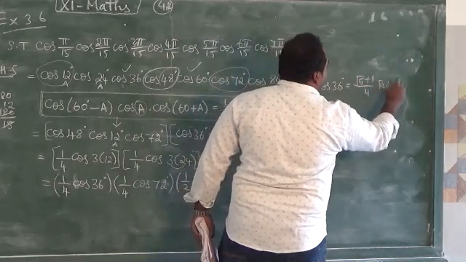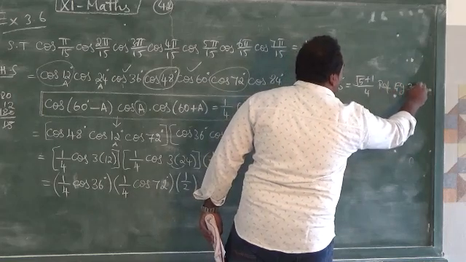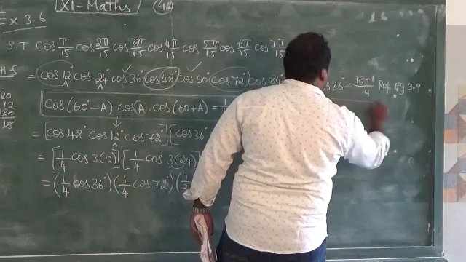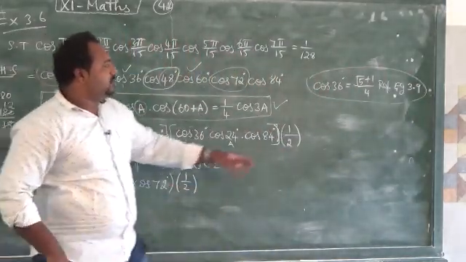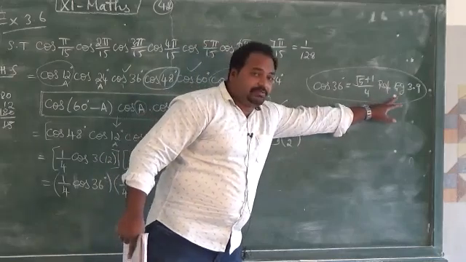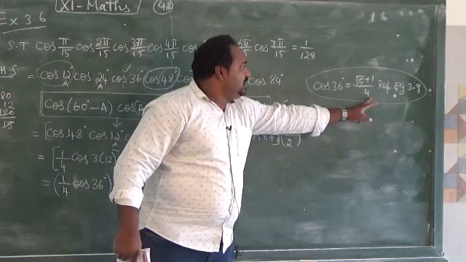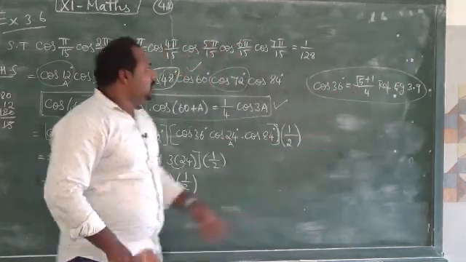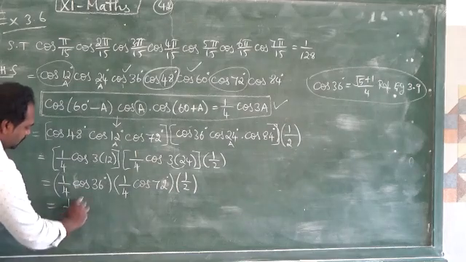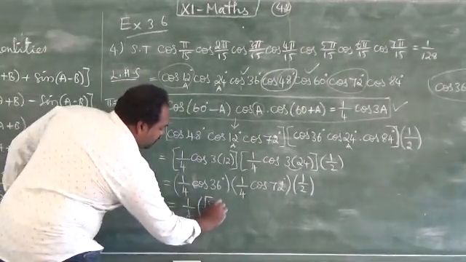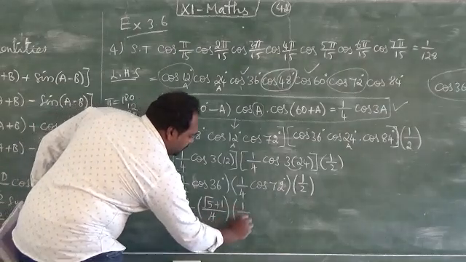Refer to example 3.9, the value which is found out from example 3.9, you can refer to how that value has come. Here 1 by 4 into root 5 plus 1 by 4 into 1 by 4.